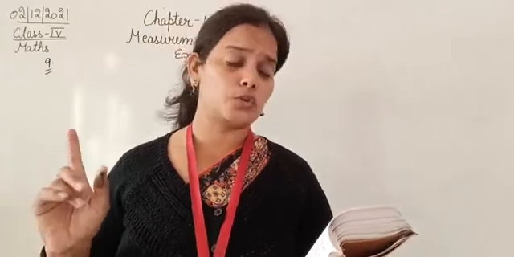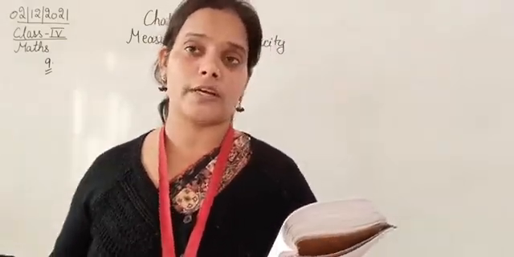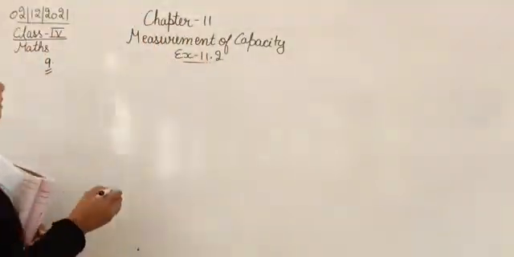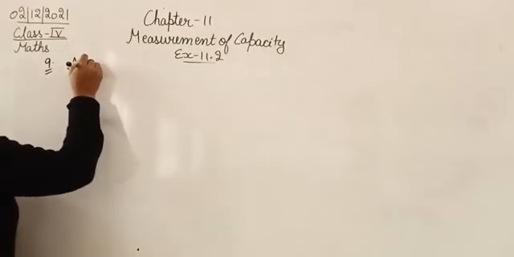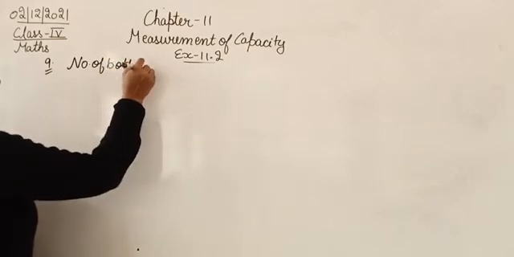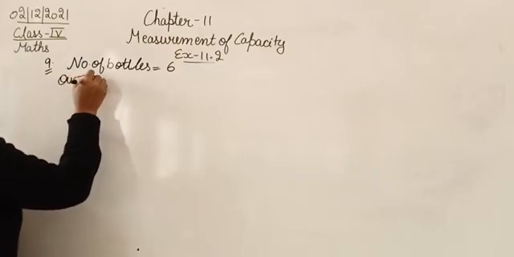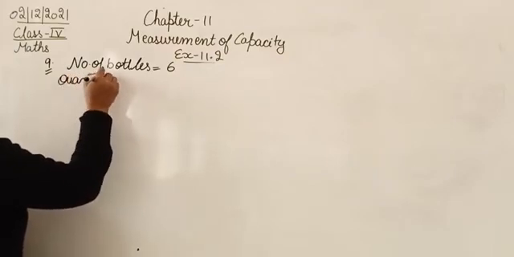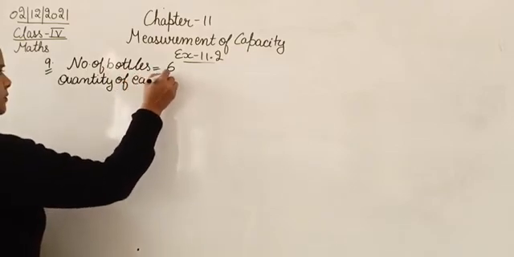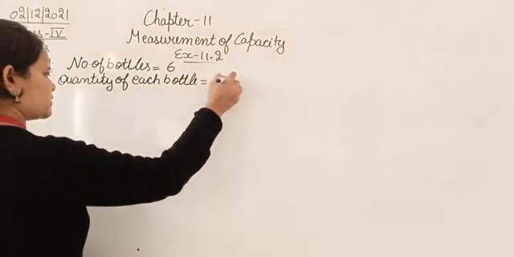So total bottles is 6 and the quantity of each bottle is 500. First of all we will calculate the total quantity of Coke. Number of bottles is equal to 6, quantity of each bottle is equal to 500 ml.